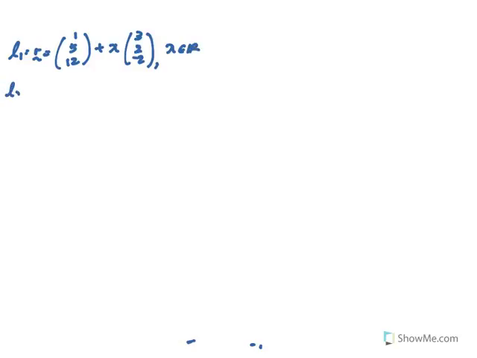Line 2 will be equal to 1, 5, 12 plus mu of 8, 11 and 6, where mu is real.